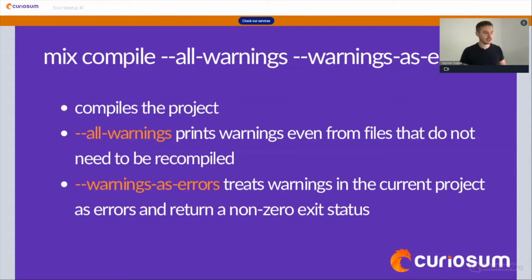So I would say this is a flag that every project should have, because you don't want to push your project with warnings. The all warnings flag will not be of much use in terms of remote CI, because eventually you have to compile the whole project. But if you put it into some local CI, then it can already be a nice thing.